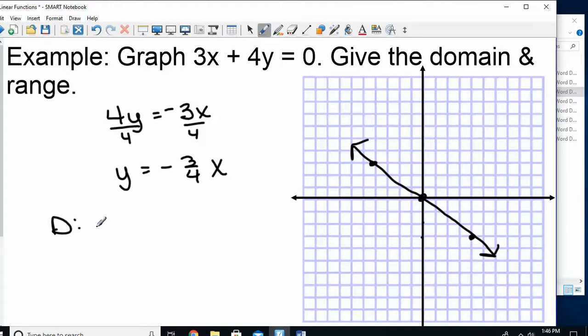What's the domain? As long as it's not horizontal or vertical, domain and range are always both negative infinity to positive infinity because it keeps extending in both directions.